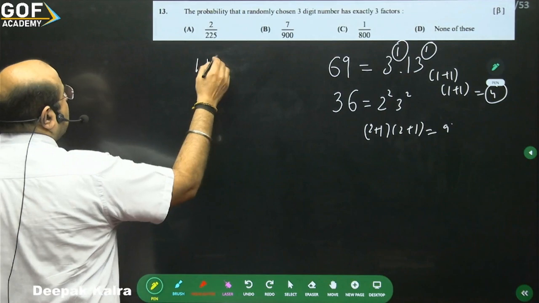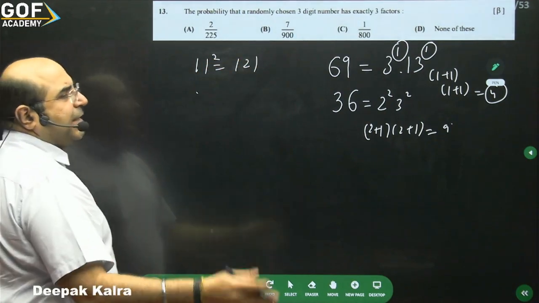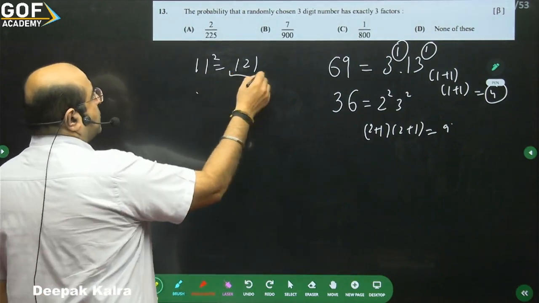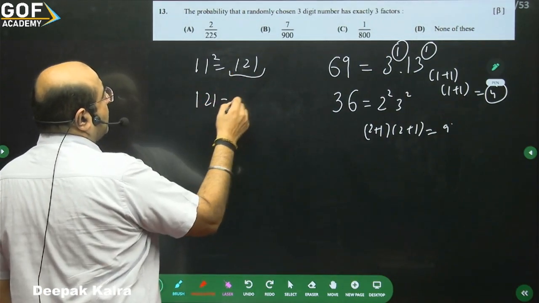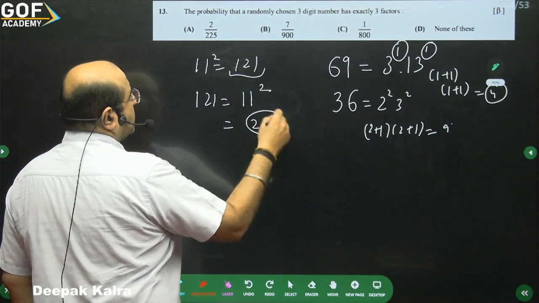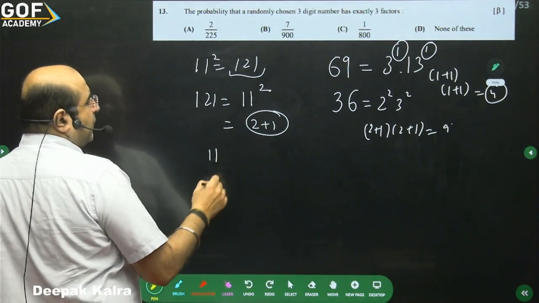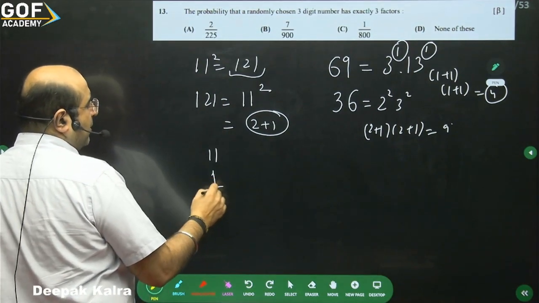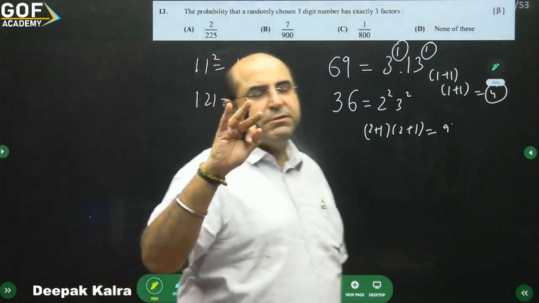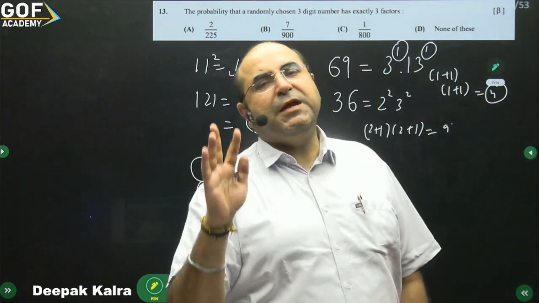You can check that as well. If I take 11 squared, for example, 121, it has only 3 factors. What are they? 1, 11, and 121. So the squares of prime numbers are the only numbers which have exactly 3 factors.